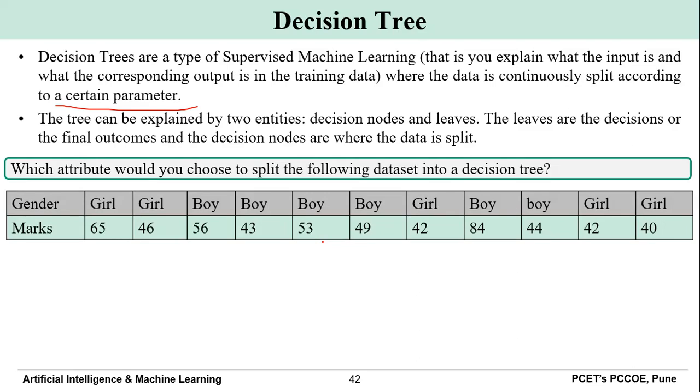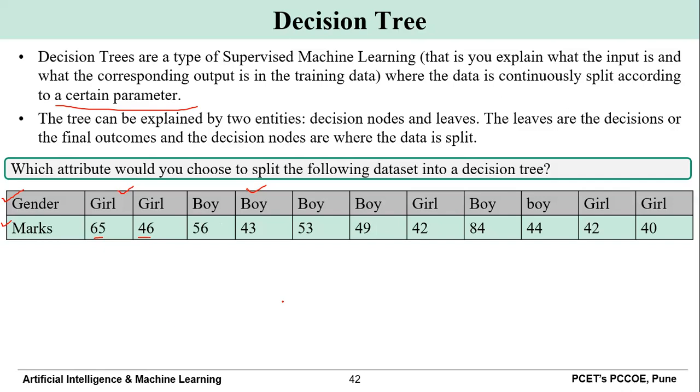So first of all we will see one example, and then we will start taking the problems. In this particular table, you will see data related to gender as well as marks. There are certain girl students and boy students, and their marks in a particular subject are given to you.